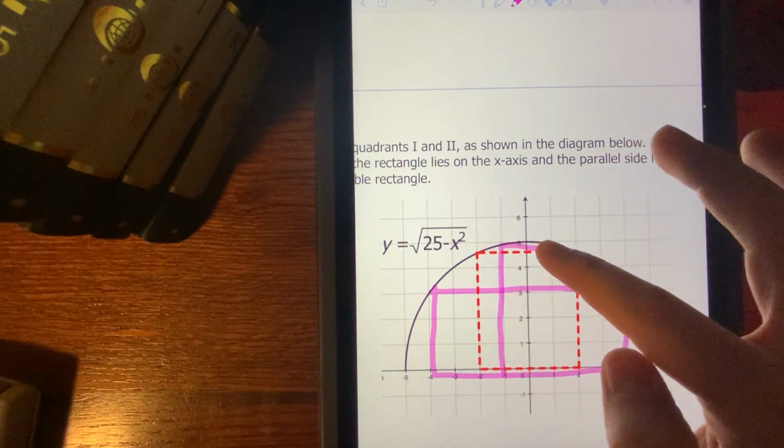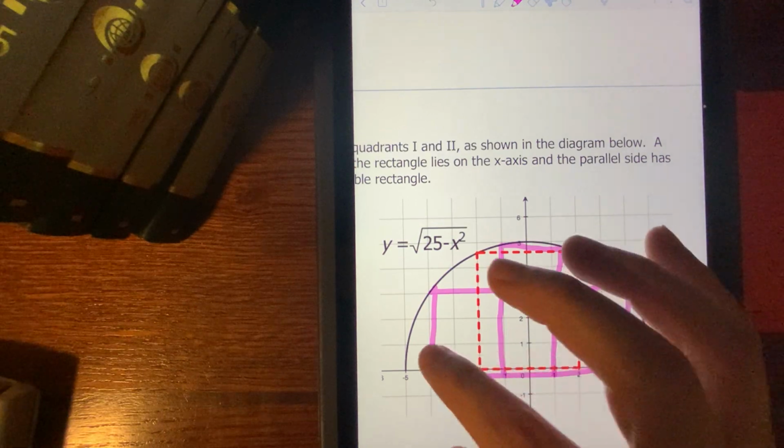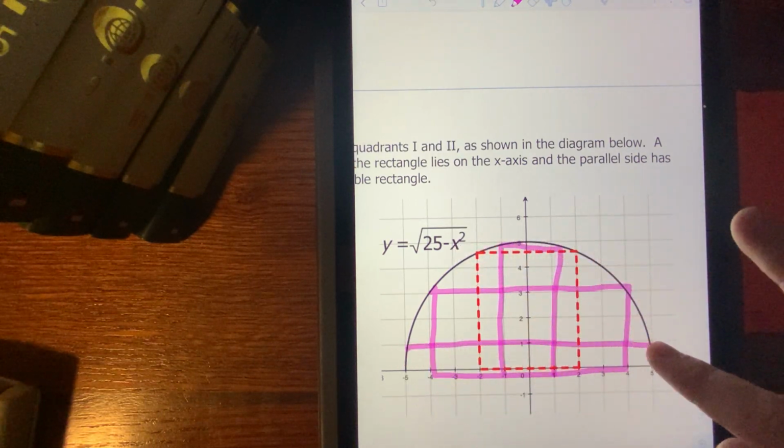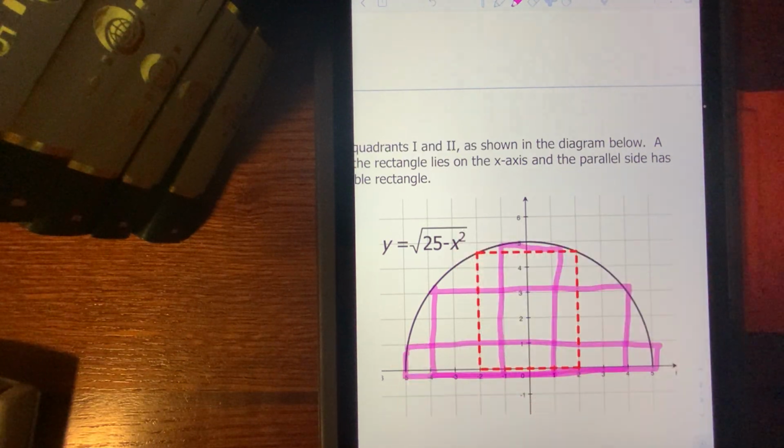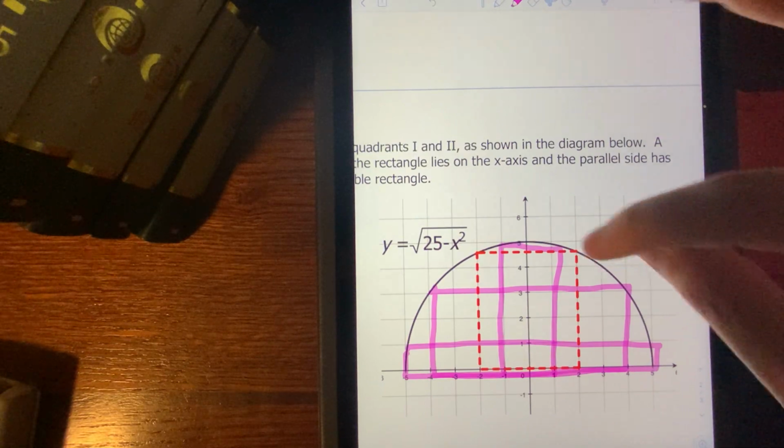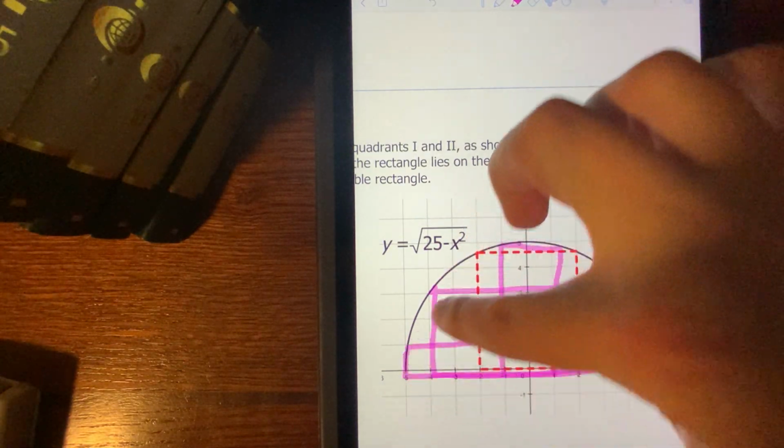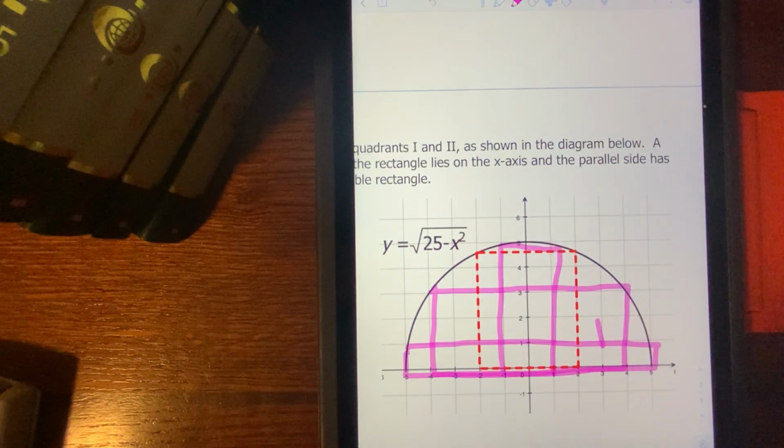You could do a taller one like that. We're talking about every single rectangle I could fit underneath this semicircle. So just imagine these corners spreading up and down along the edge of the circle, creating new and exciting rectangles.